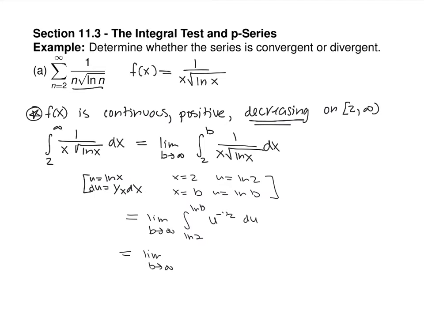All right, the antiderivative of u to the negative 1/2 is 2u to the positive 1/2. So that's the limit as b goes to infinity, 2 root ln of b minus 2 root ln of 2.